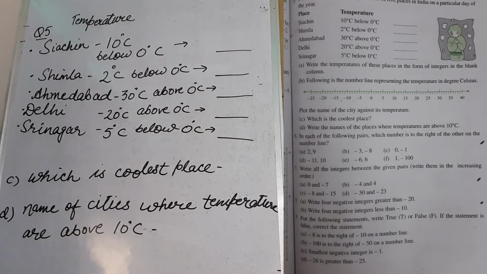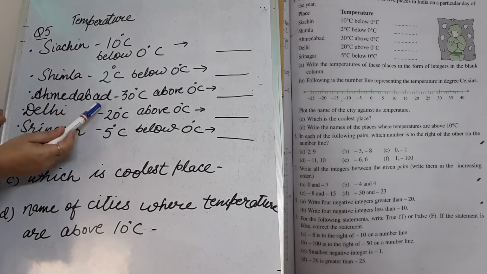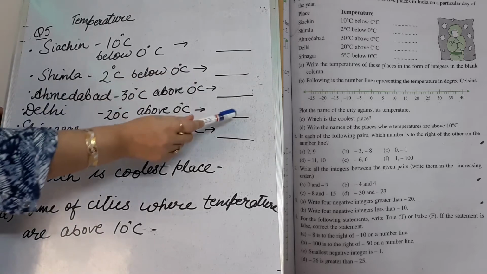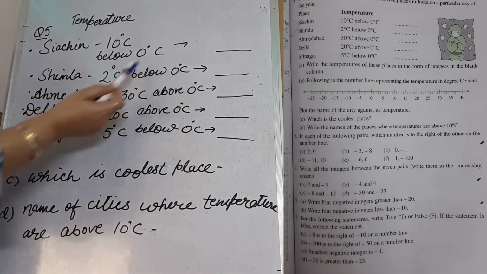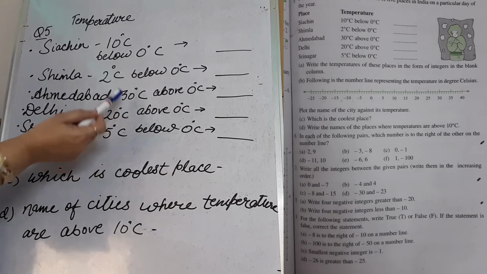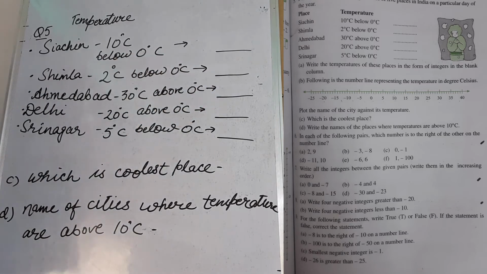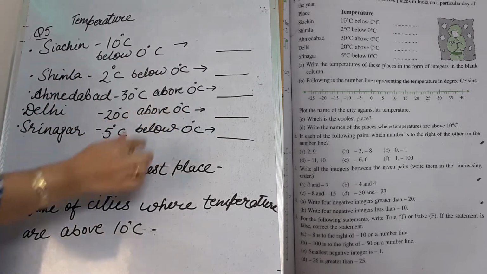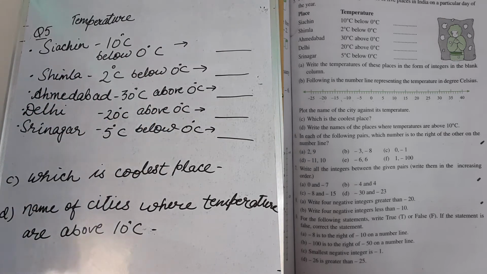So first part of this question is you have to write that these temperatures in the form of integers in the blank space. We have given you the temperature in words, you have to convert them into integers. As I told you in the first video, whenever you have word below or above, which sign you will use?